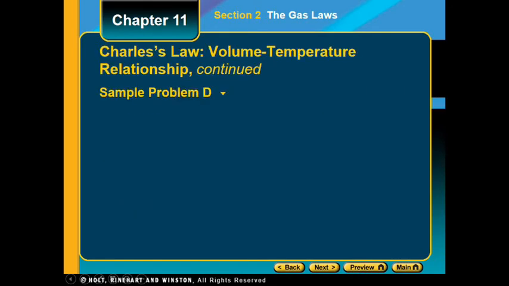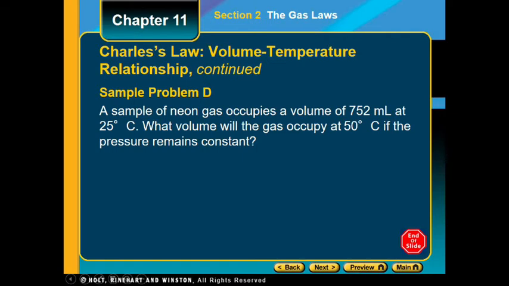So we will work out a problem. So please write down this problem. A sample of neon gas occupies a volume of 752 milliliters at 25 degrees Celsius. What volume will the gas occupy at 50 Celsius if the pressure remains constant? So again, we do have variables that remain constant during some of these.